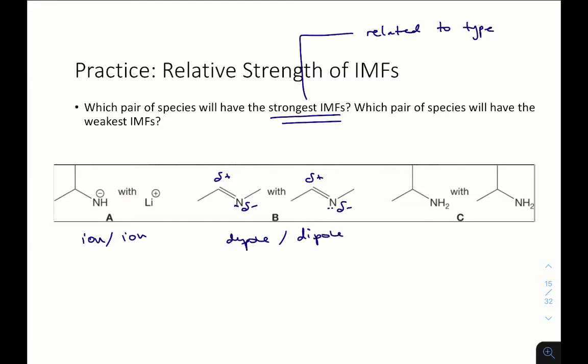C, however, does have NH bonds, so we will have hydrogen bonding interactions between molecules of this substance. Now, which is the strongest intermolecular force of attraction of these? Yes, ion-ion, then hydrogen bonding, and then dipole-dipole would be the weakest of these three.